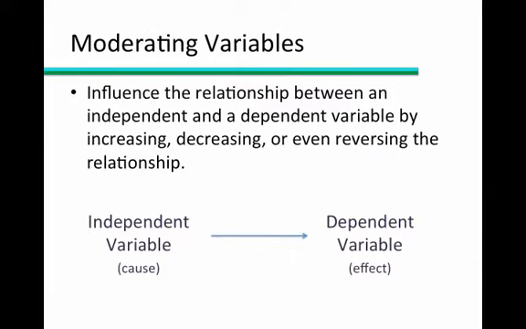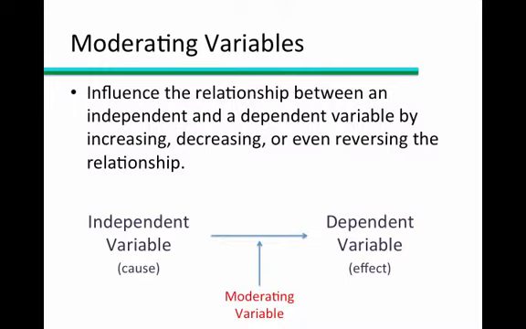Moderating variables influence the relationship between an independent and a dependent variable. They can increase, decrease, or even reverse the relationship. Think back to grade school when you learned about the way the letters I and E interacted with each other when appearing next to each other in a word.